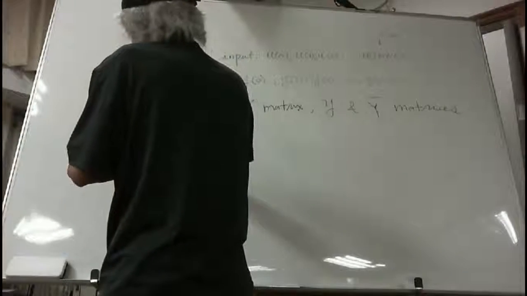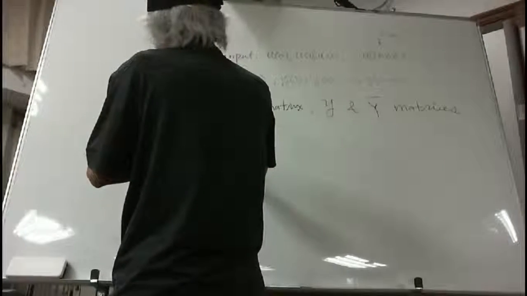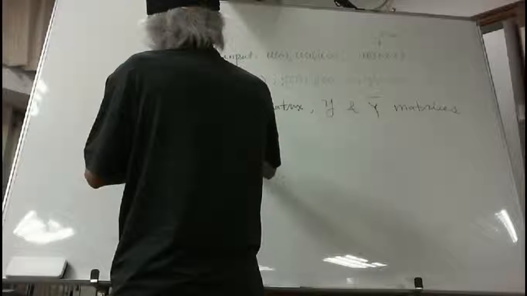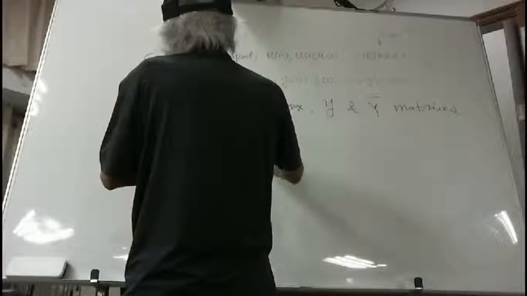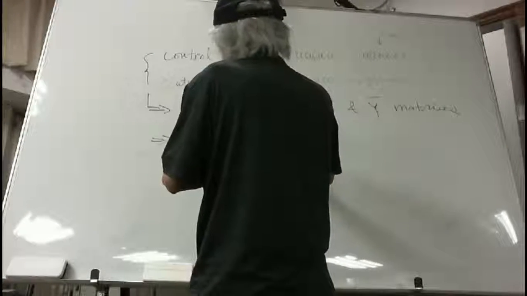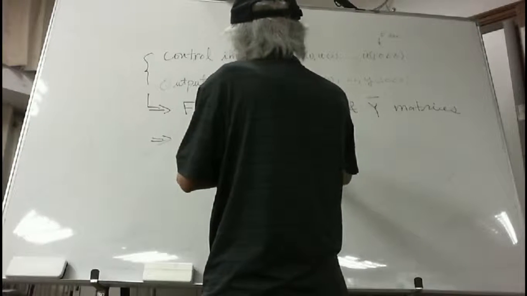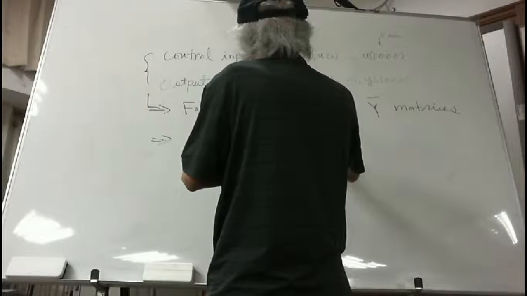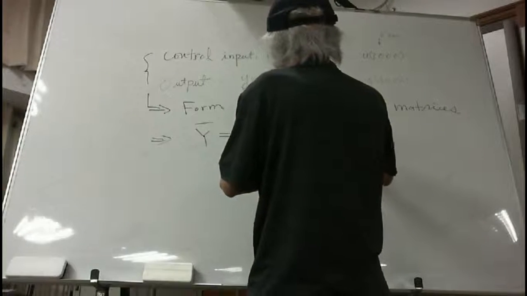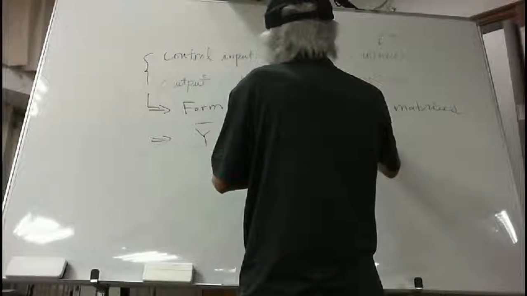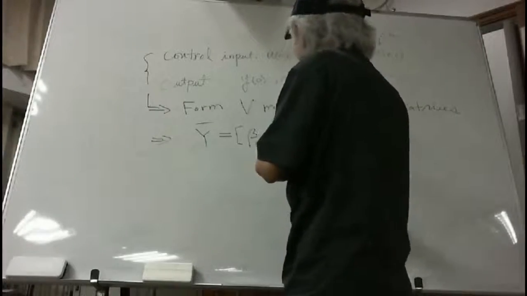Then after that, I solve Y bar, that's equal to beta 0, right? Beta 1 minus alpha 1, beta 2 minus alpha 2, and so on, right? I solve alpha and beta, right?